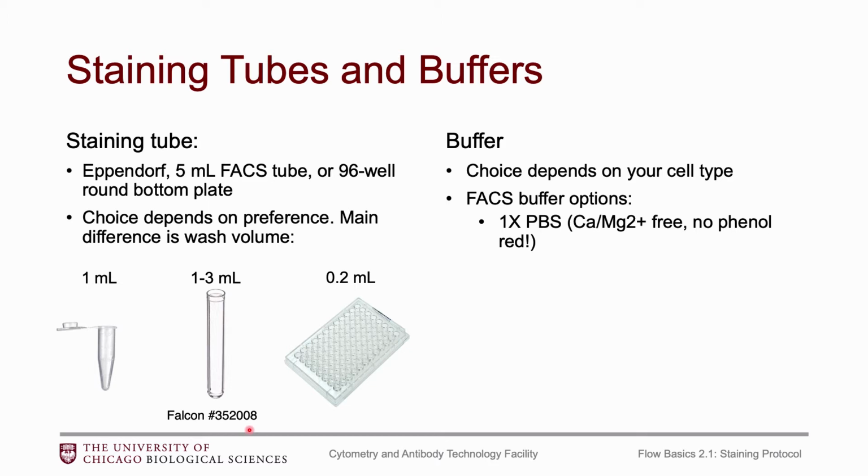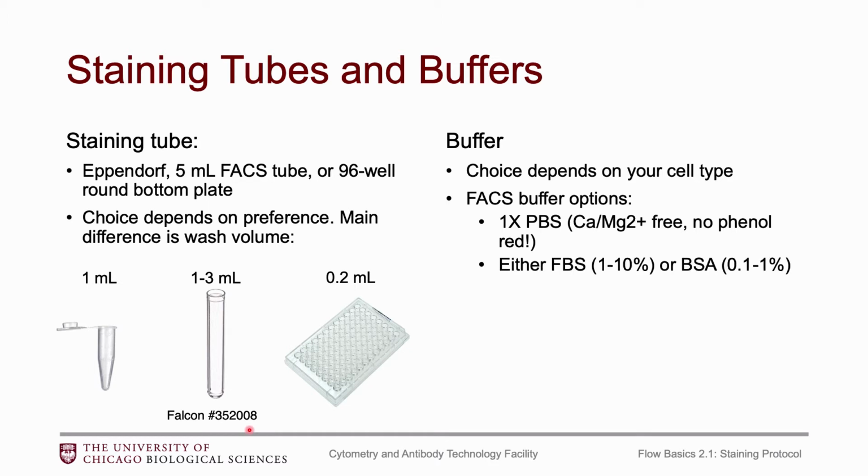But if you wanted to use a different type of buffer, I don't entirely see a reason why not. There might be a few minor issues, but you should be okay. The main issue would be if you had phenol red in your buffer. So just make sure that it's a clear buffer.